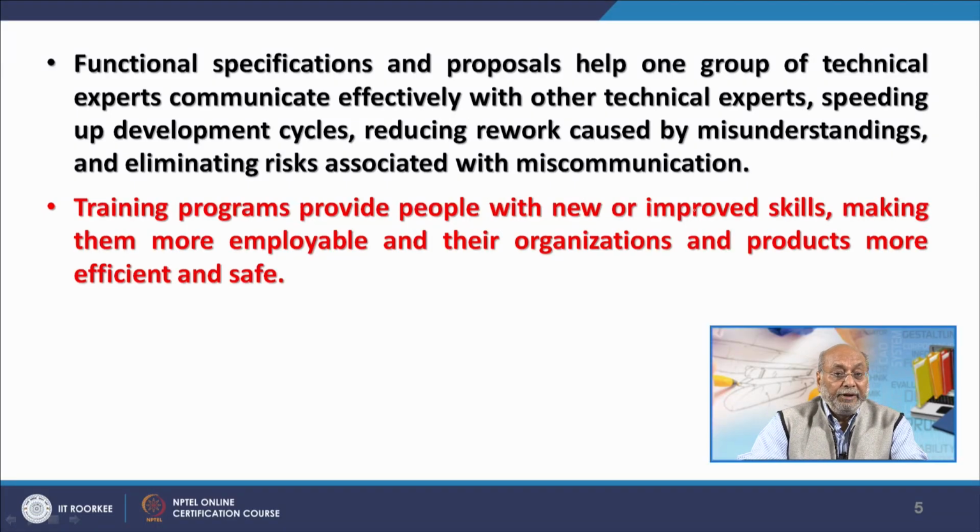Now there can be training programs which provide people with new or improved skills, making them more employable and their organizations and products more efficient and safe. And there again the importance of technical communication comes.